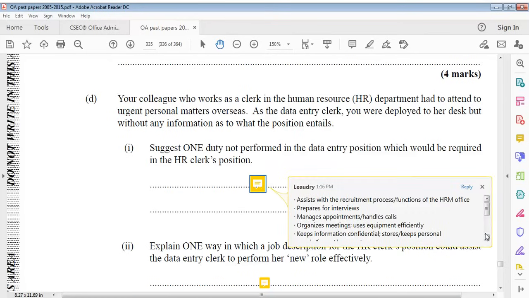So, one duty that is not performed in the data entry position would be: assist with the recruitment process or functions of the HRM office. That's one.